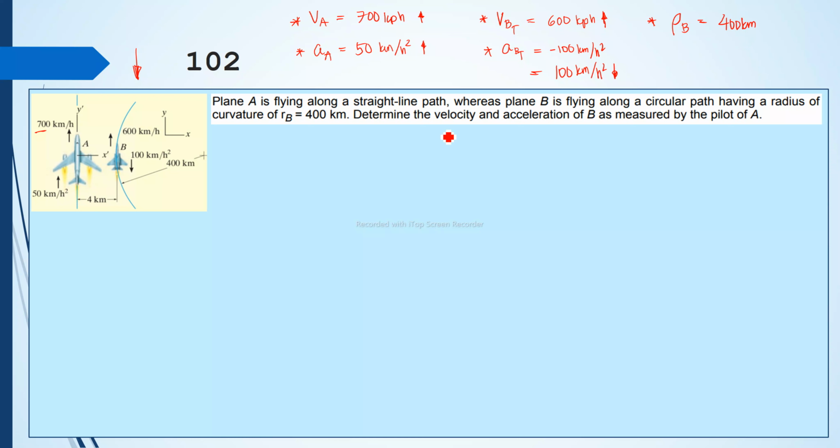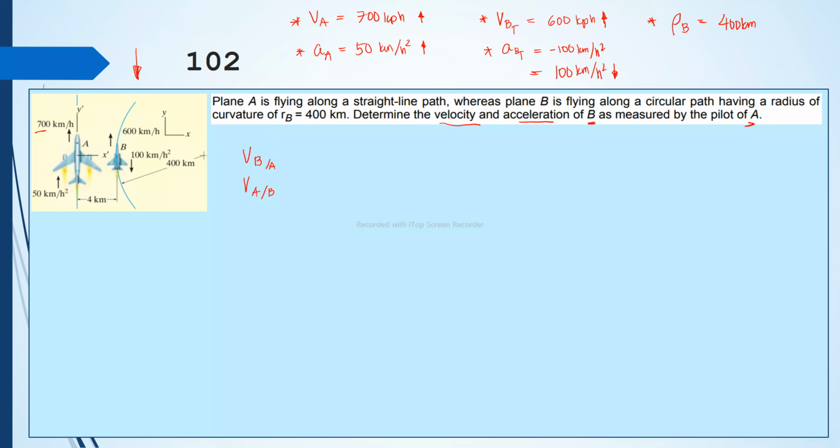Now we're asked to find what? We're asked to find the velocity and acceleration of B as measured by the pilot of A. So is it the relative velocity of B with respect to A, or the relative velocity of A with respect to B?